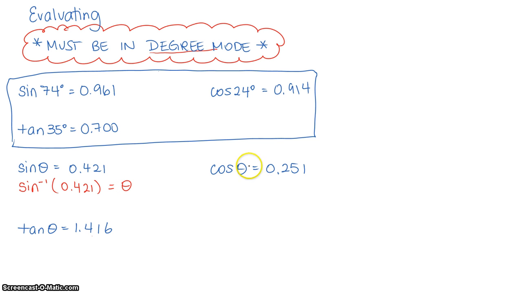Same thing here with cos. Because I want to know my angle, I have to use the cos inverse. I switch where the angle and the ratio go, like so. Same thing with tan. Tan inverse, 1.416, and I put my angle. Now I can set it up and solve for my angle.